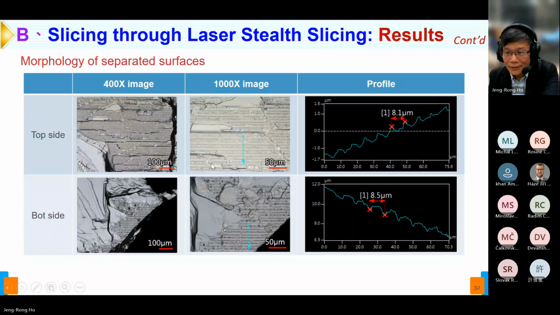And this slide shows the morphology of the separated surface. And this is the trace of laser marking. As I just mentioned, the pitch is about 8 microns. This is the top surface, and this one is the bottom surface.